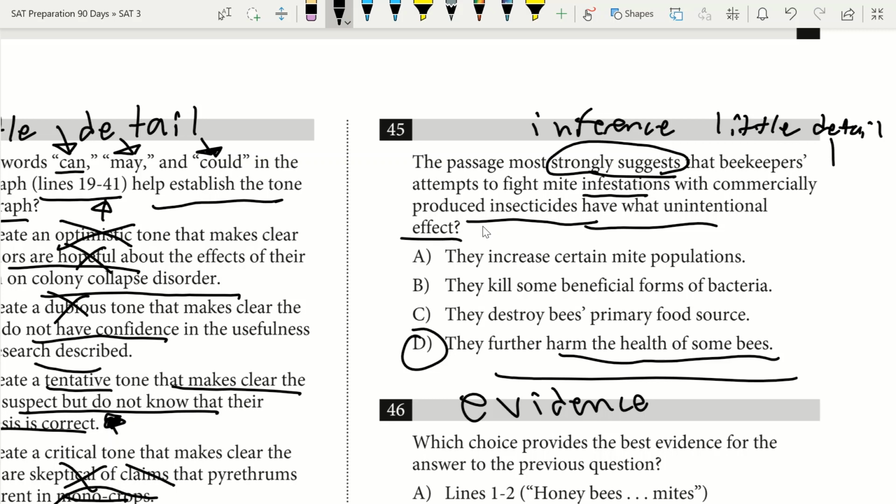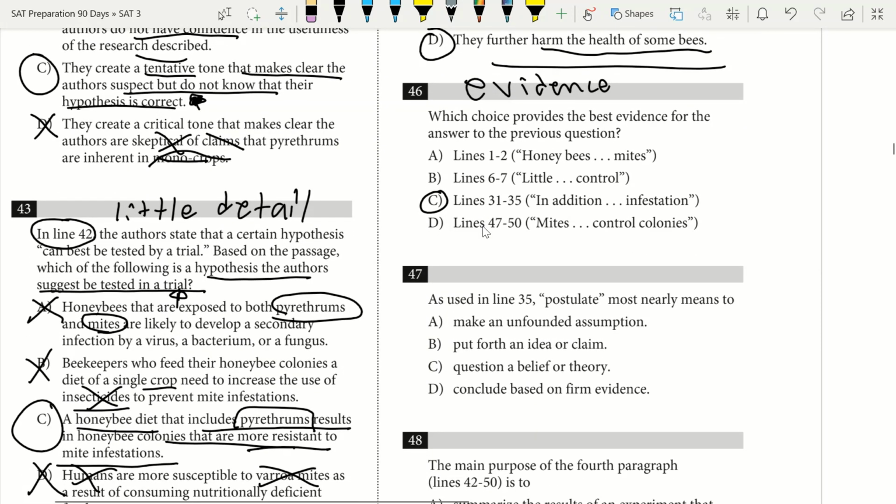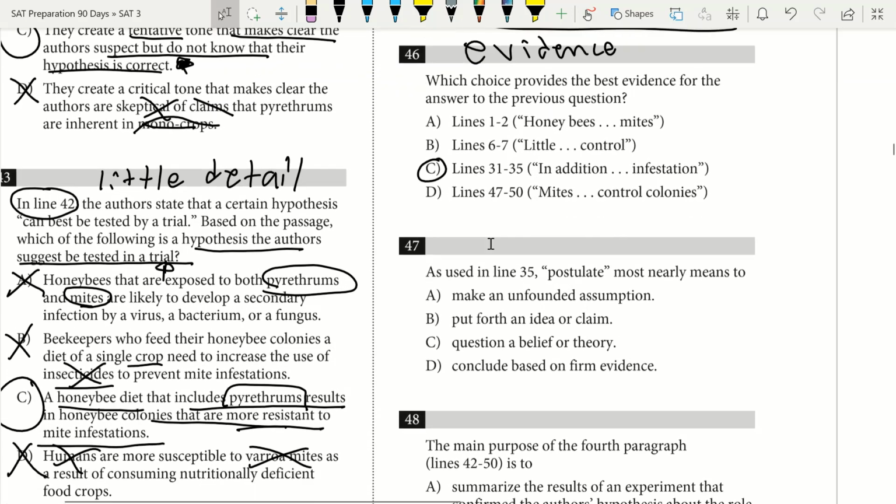That's a little detail that also allows us to make this big suggestion that they make in the passage. The passage is suggesting or kind of inferring that that's going to happen. They really hint towards that. I would say it's more of a little detail question than an inference question, but it's a little bit of both in a sense, though more so a little detail question, less so an inference question, because it is so strongly supported with evidence there.